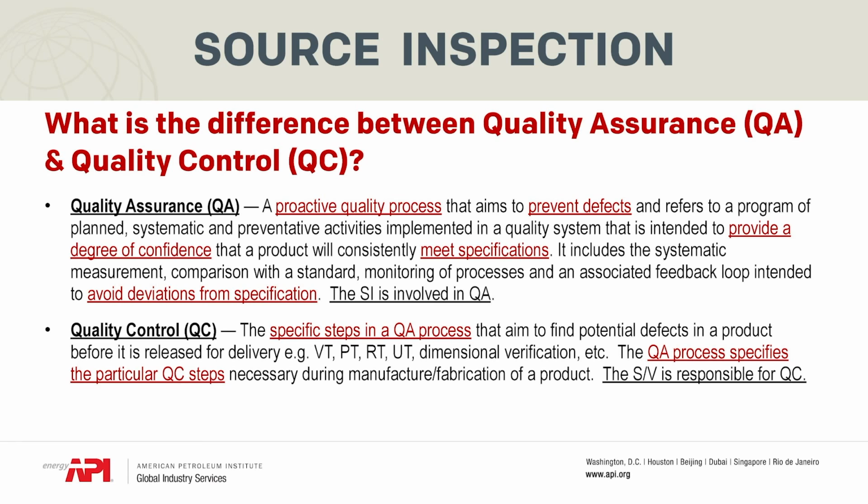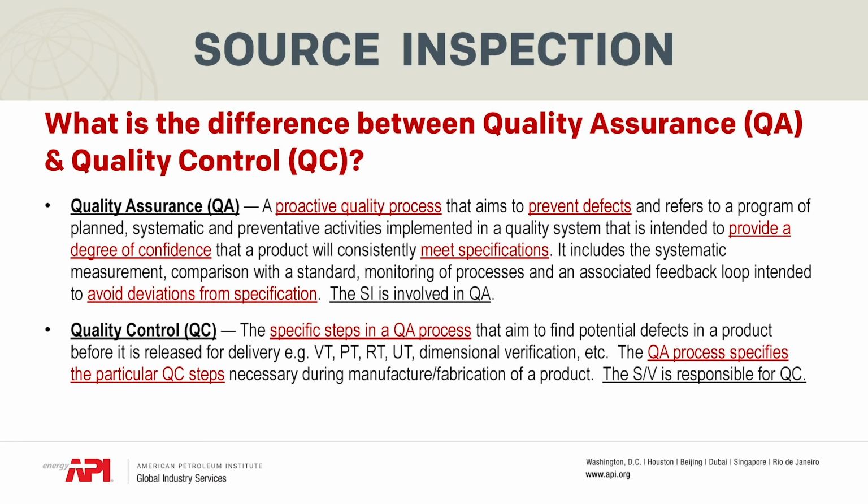It includes the systematic measurement, comparison with a standard, monitoring of processes, and an associated feedback loop intended to avoid deviations from those original specifications. The source inspector is very involved in the quality assurance process.